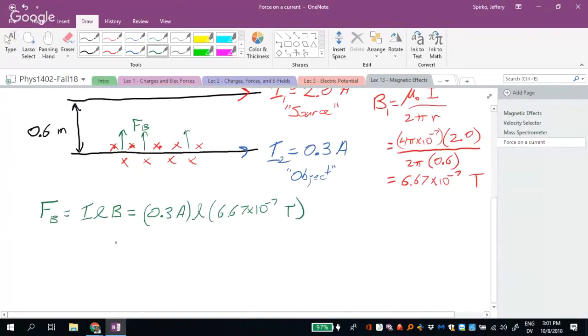And one way to think of this is as a force per meter. Just divide both sides by L, and we get a force per unit length. And we get 2 times 10 to the minus 7th newtons per meter.